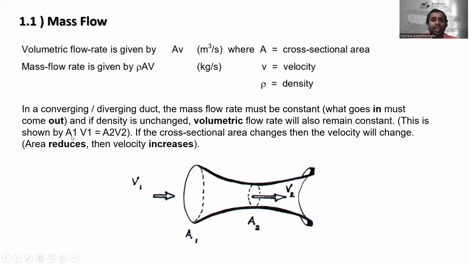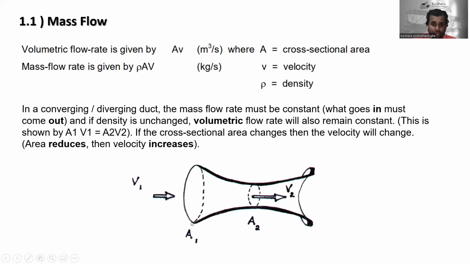This is shown by A1 V1 equals A2 V2, where A1 is cross-sectional area 1 and V1 is velocity 1, and A2 and V2 are area 2 and velocity 2. So if the cross-sectional area changes, then the velocity will change.